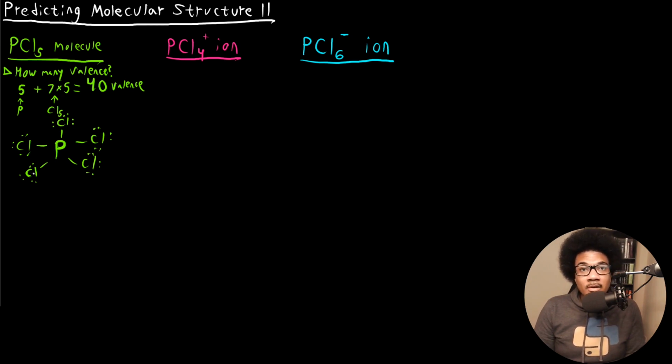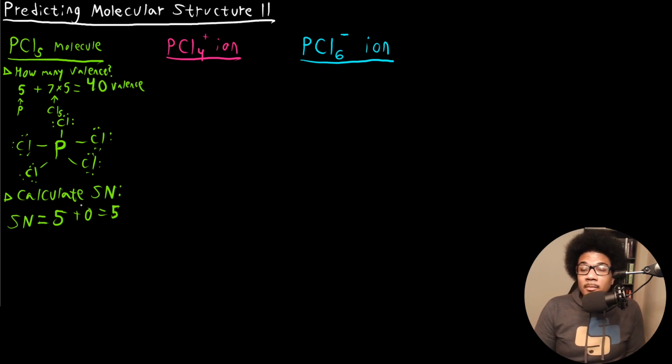So now we just have to consider the three-dimensional geometry. In order to do that, we calculate the steric number for the central atom, which in this case is the phosphorus in the center. We have 5 bonded atoms plus no lone pairs around this central phosphorus, so that gives us a total steric number of 5.